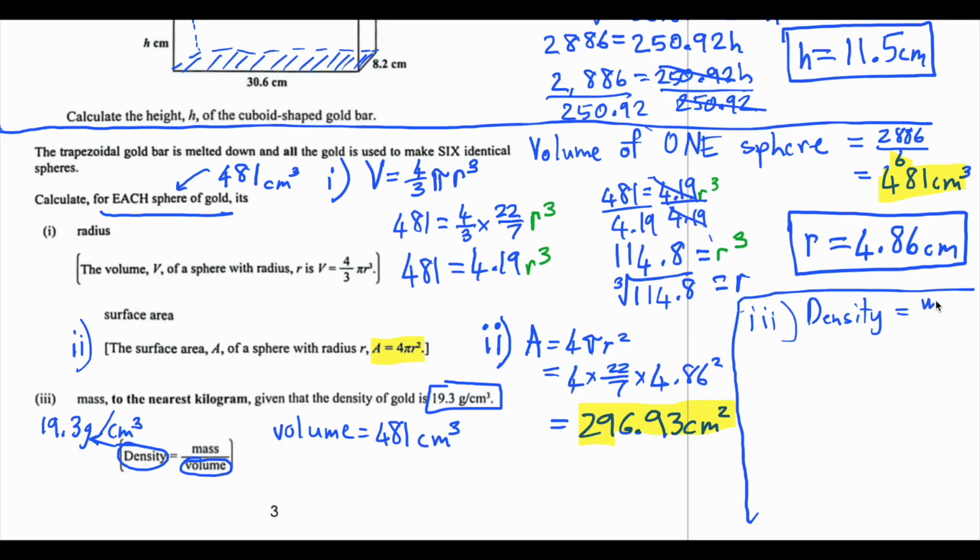M over V. So density is 19.3, which is equal to M over V, which is 481. Now, we could cross multiply, but we just put this over 1. Our good friend cross multiplication. So 19.3 times 481 is equal to M times 1, which is M.